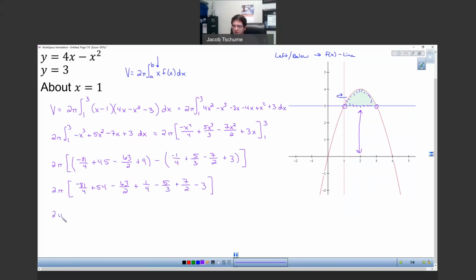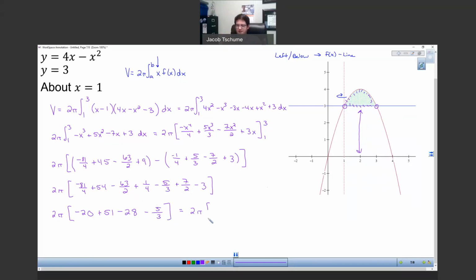All right, combine your like terms. Negative 81/4 and 1/4 is negative 80 over 4, which is actually negative 20. 54 and 3 is going to be 51. Negative 63/2 and 7/2 is going to be negative 56 over 2, which is minus 28. And then you have the lonely minus 5/3.